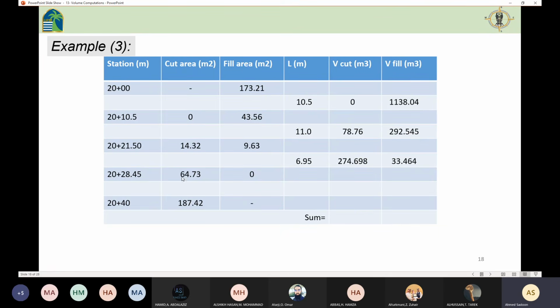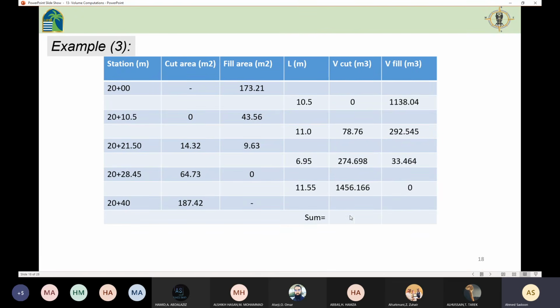We have only area for cut, which means that here we're going to have only volume for the cut. So I'm going to repeat the process again. I need to determine the distance between the two stations, this one minus that one. Then I'm going to multiply this one times the average areas here to get the value for the cut. And here the value for the fill is going to be 0.